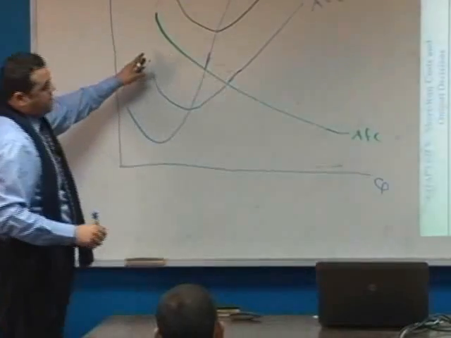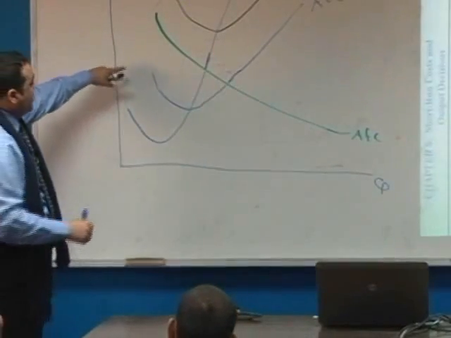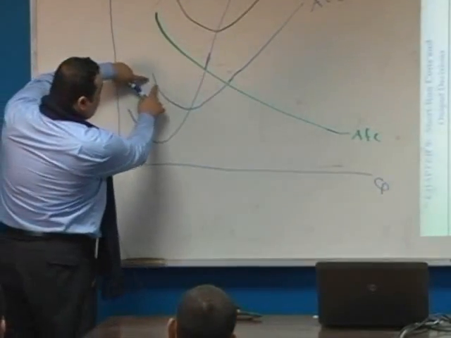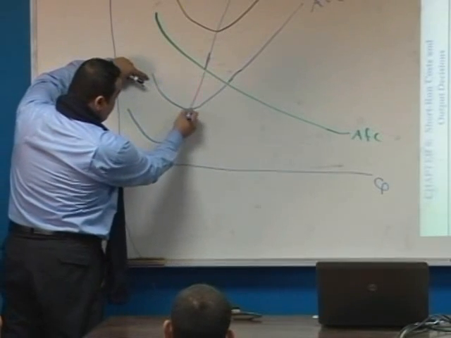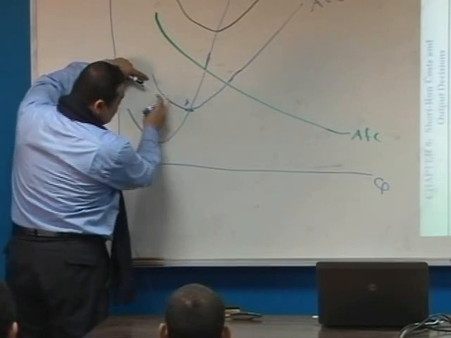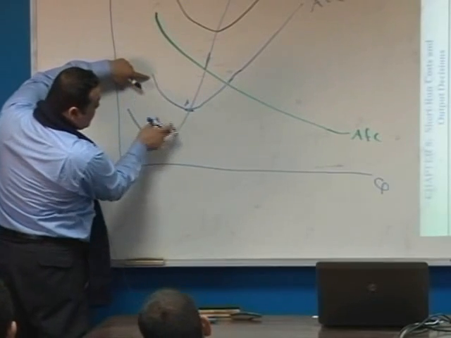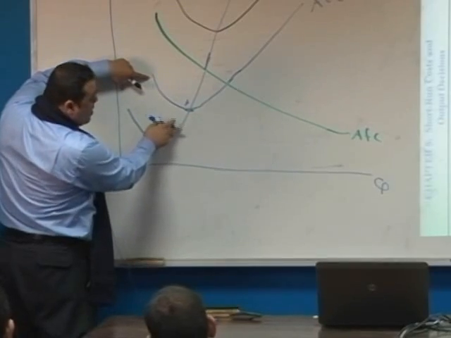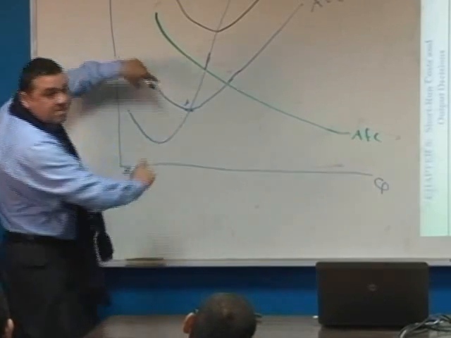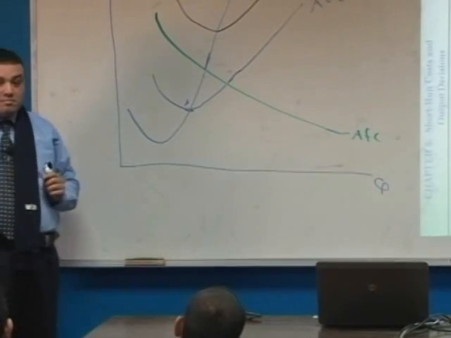When the AVC curve is larger than MC, at this point before point A, AVC is larger than MC, right? AVC is decreasing, right?